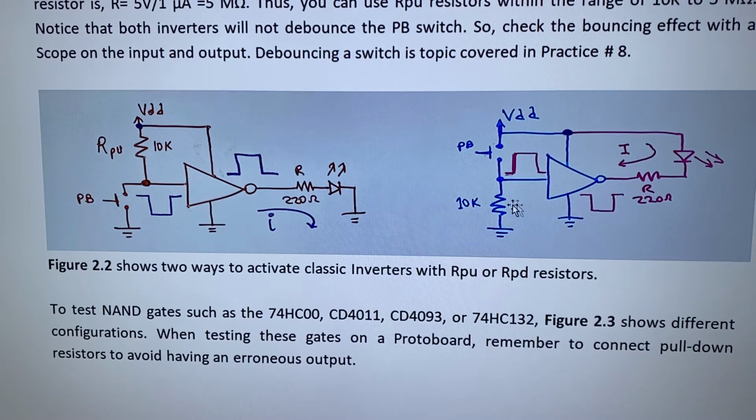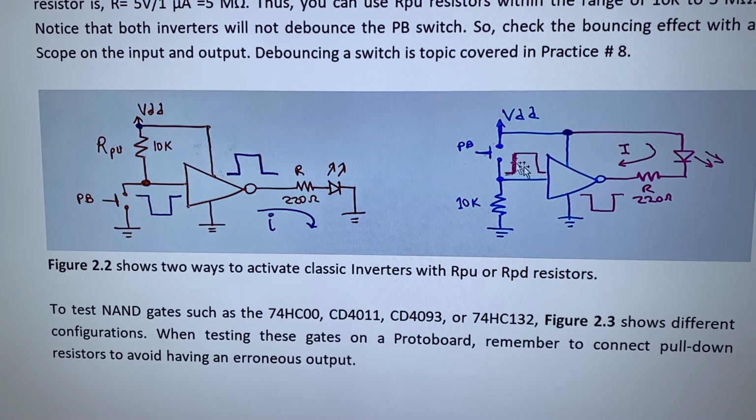So when you have a 0 here, you have a 1, which is 5 volts, and the LED will have 5 volts on this side and 5 volts on the other side, so the LED will be off. This is exactly the opposite of the previous circuit. When you press the switch, now you have a logic 1, and this will give a logic 0, and the current will flow, causing the LED to glow.